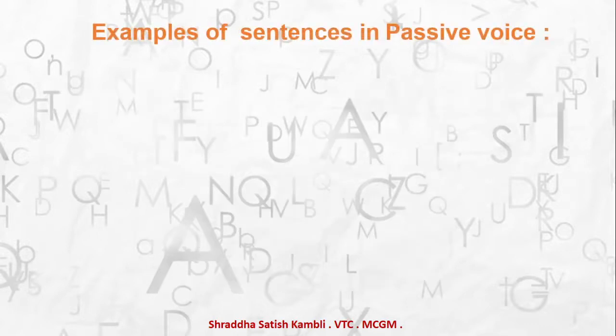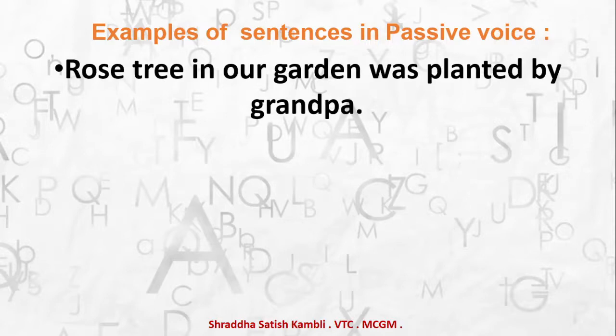Let's move on and let's take a look at examples of sentences in the passive voice. Okay, as against active voice, what is happening in the passive voice? The focus or the importance is given to the action rather than who is doing the action. Okay, for example, look at this. A rose tree in our garden was planted by Grandpa.